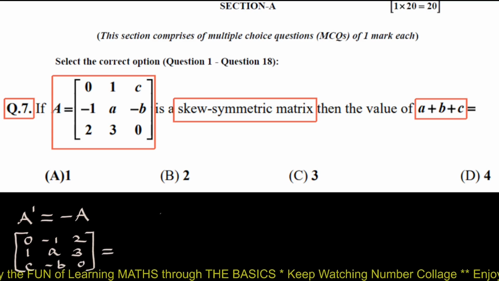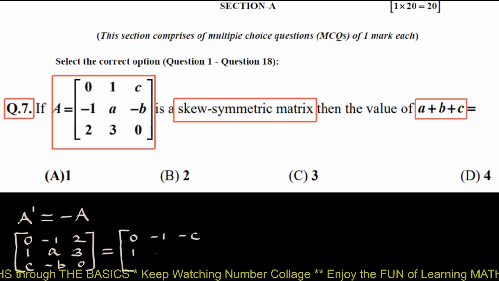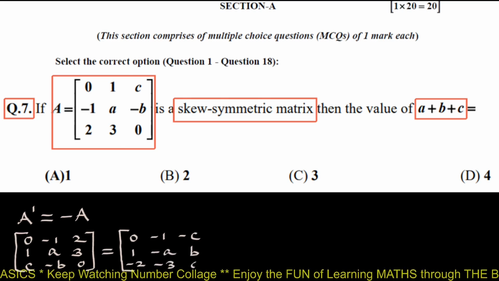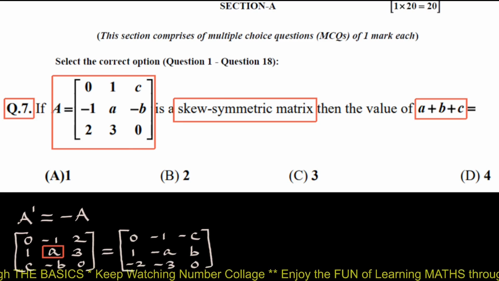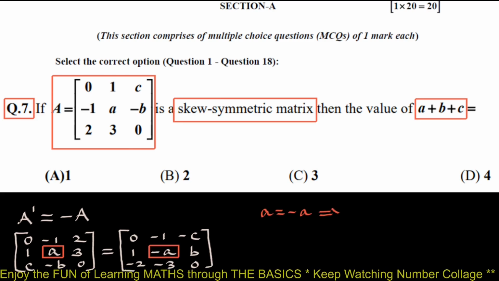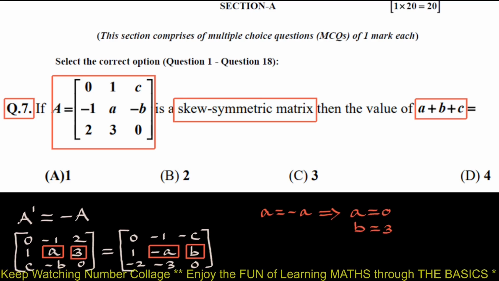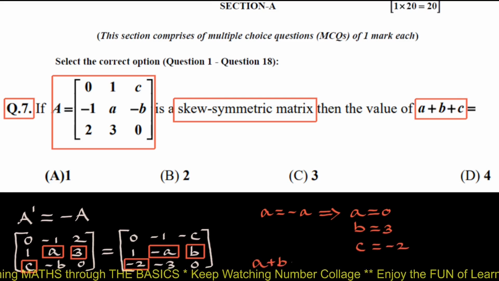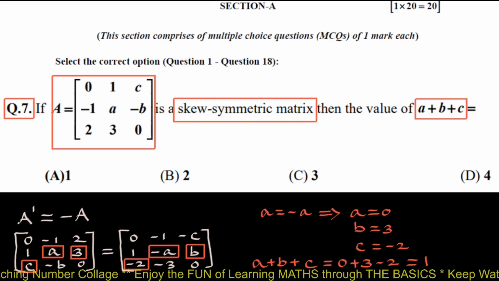That will be negative of A, 0, minus 1, minus C, 1, minus A, B, minus 2, minus 3, 0. By equality of matrices, we get A equals minus A, which implies A must be 0, B equals 3 and C equals minus 2. So A plus B plus C will be 1. So the answer option will be A, 1.